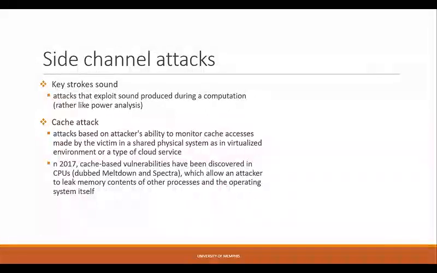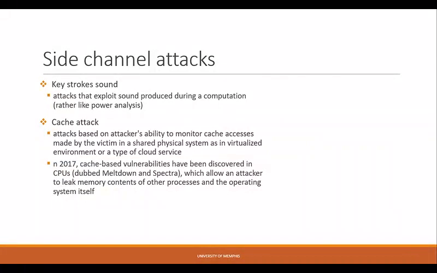Another type of side channel attack is keystroke sound, which is kind of weird, but it uses the sounds of your keyboard while you're typing, for example your password, and they might be able to break the password and know it.